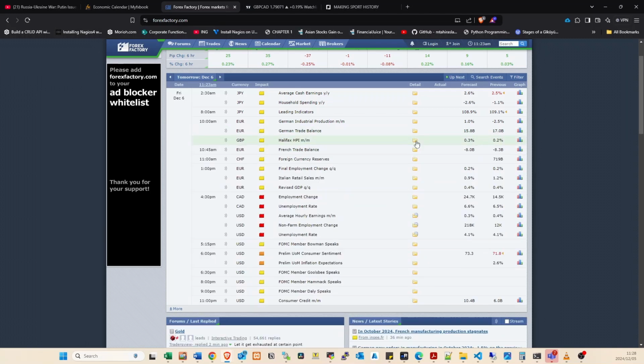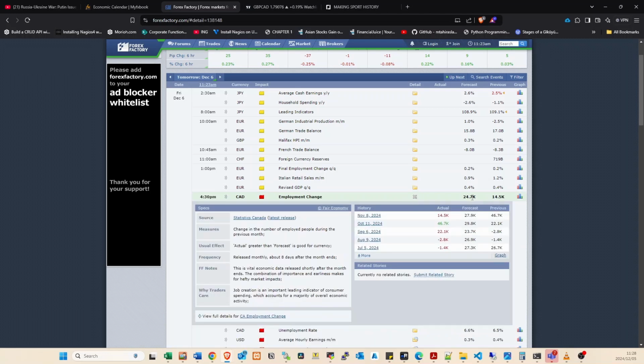Okay, and from there we have the unemployment rate. These are big market movers released before the NFP. For the employment change, we are expecting an increase in employment, ideally around 10k. That is good for the economy.